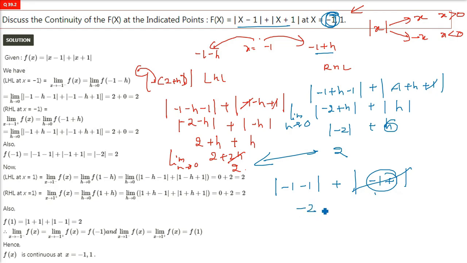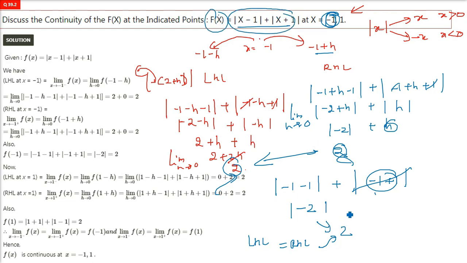Minus 1 is minus 2. So modulus of minus 2 is 2. Okay. So 2, 2, 2. Left hand limit, right hand limit, and the value of the function at negative 1, they all are 2. So you can safely say that it is continuous at x equals minus 1.